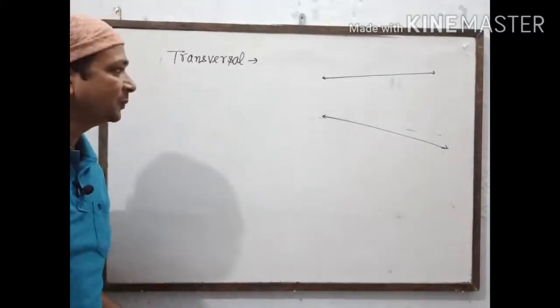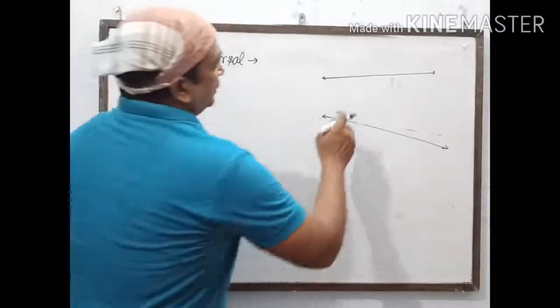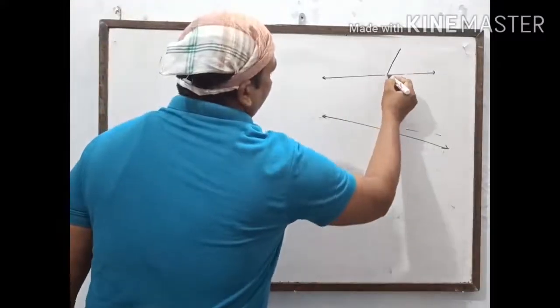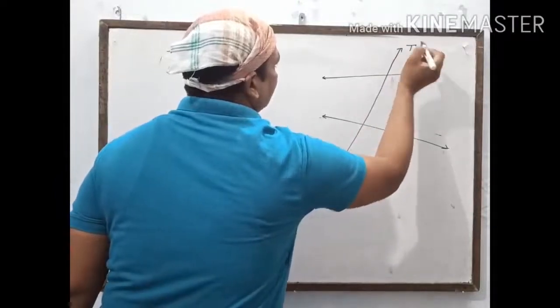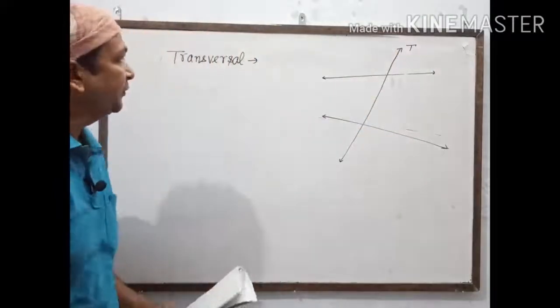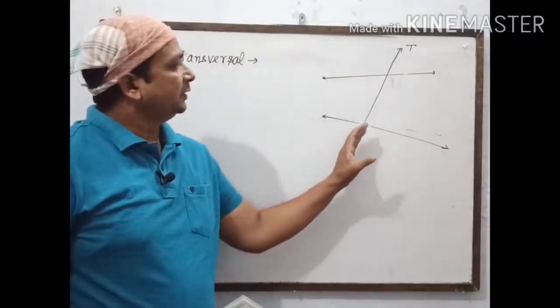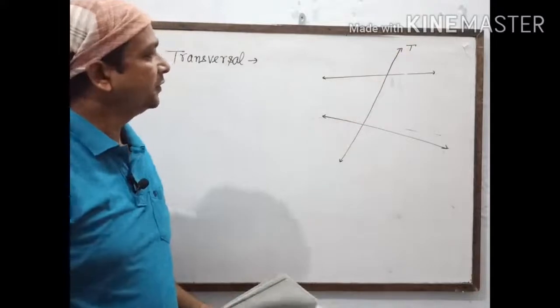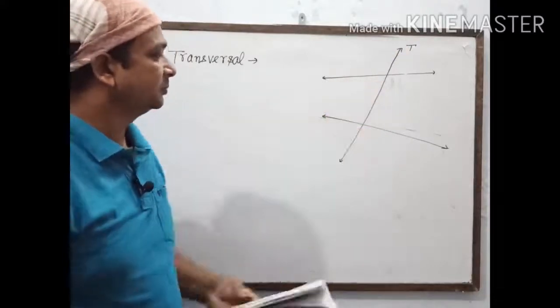Now I would like to explain what is transversal. A transversal is a line like this. This is a transversal. We can define transversal by the statement: any straight line which intersects two or more lines at distinct points.